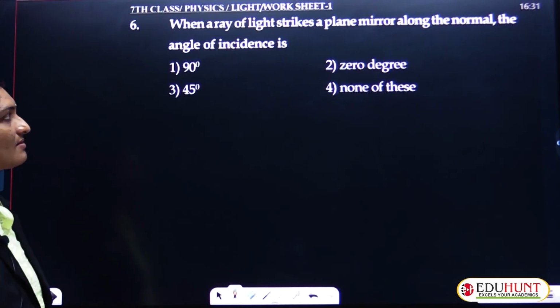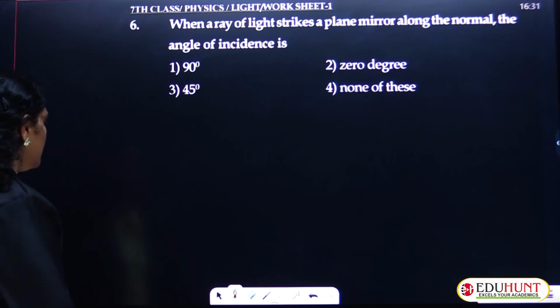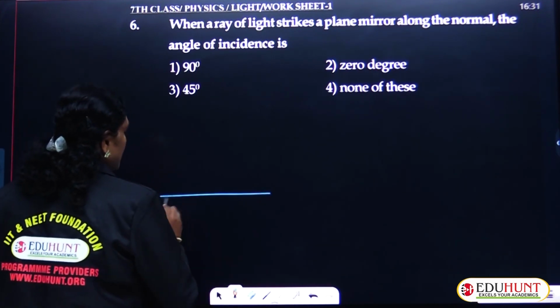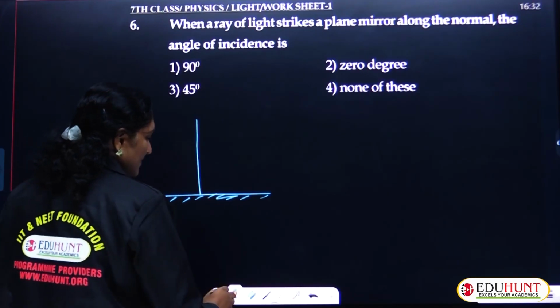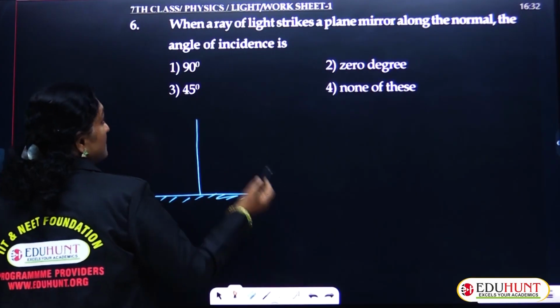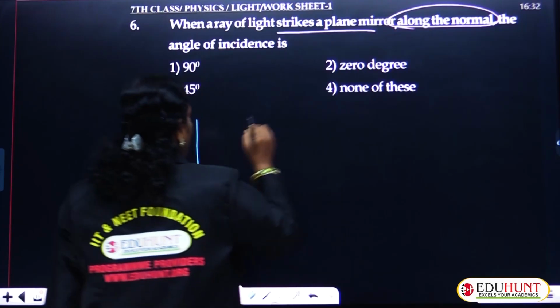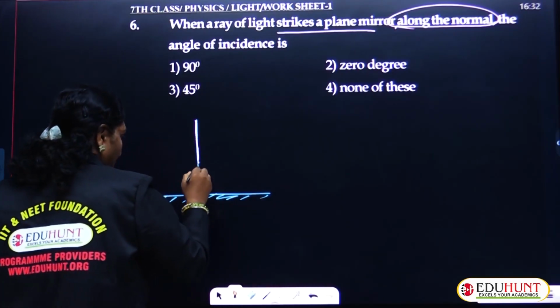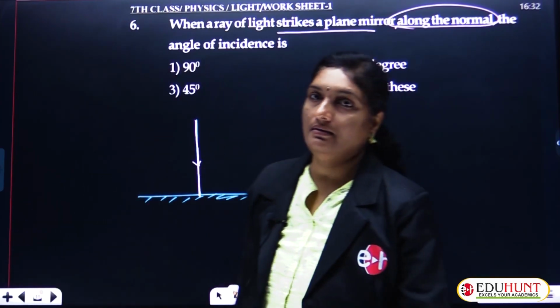When a ray of light strikes a plane mirror along the normal, the angle of incidence is what? Here we have a mirror and this is the normal drawn to the surface, and a light ray strikes the plane mirror along the normal. Along the normal means exactly like this. Then what is the angle made?